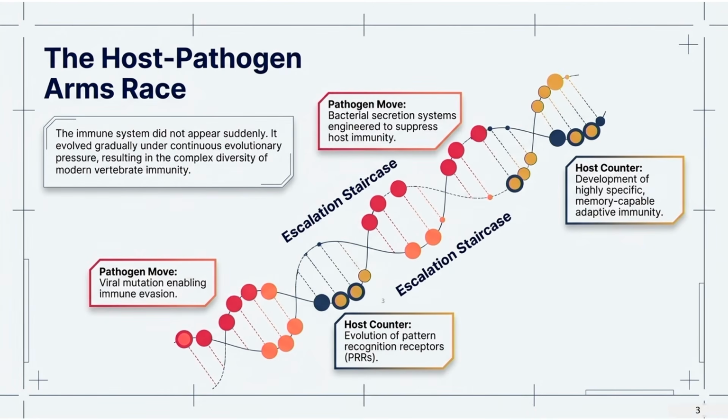Now, what is the counter argument? What does the human body do? The human body does exactly the same kind of evolutionary biology in order to fight that change in the genome, such as mutation and the secretion systems. So there is something called a pattern recognition receptor, which is PRR. This PRR has very specific signatures present in the host cell that identify pathogen-specific proteins.